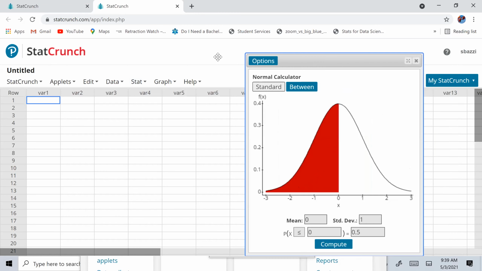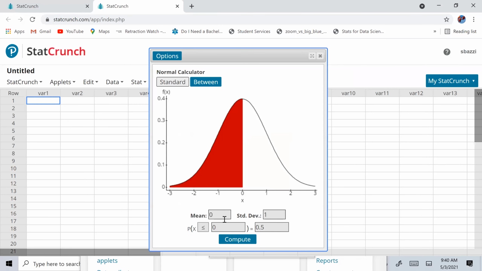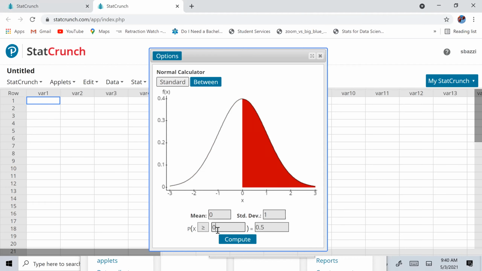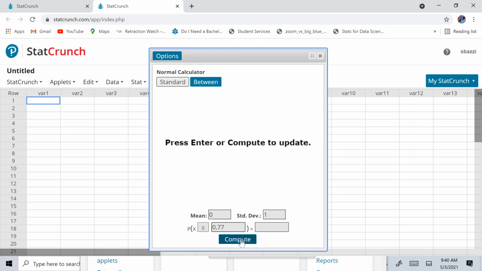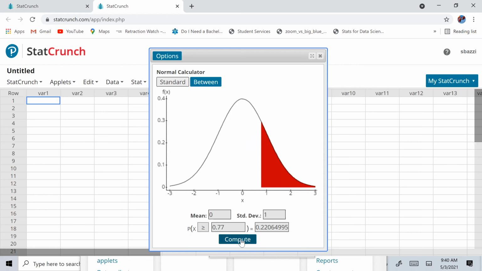And you can see, guys, by default, the mean is 0 and the standard deviation is 1. That's great. And I want the probability of Z greater than 0.77. So look what you do, guys. Just change this to greater and put 0.77 right here and hit compute. And here you go. It's the exact same answer as I got off the calculator.